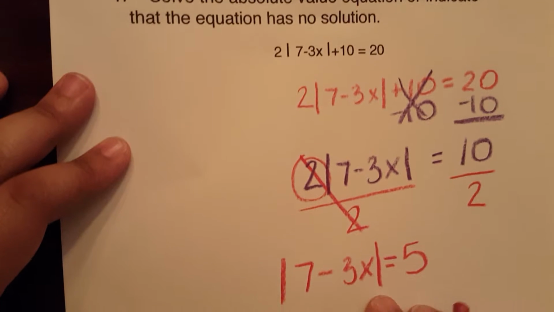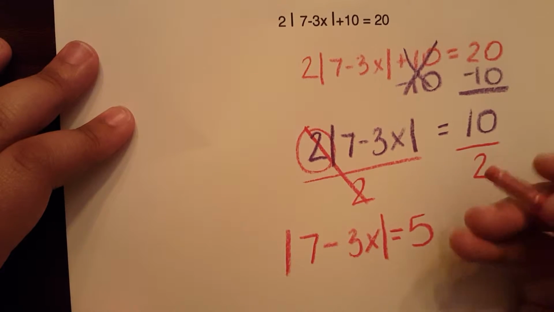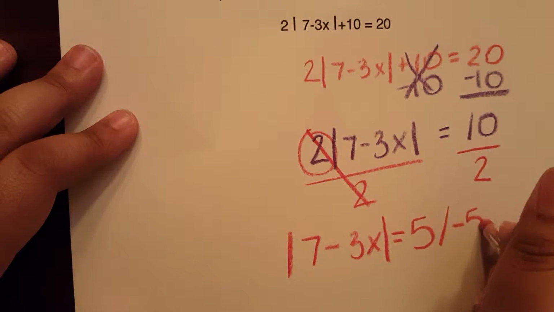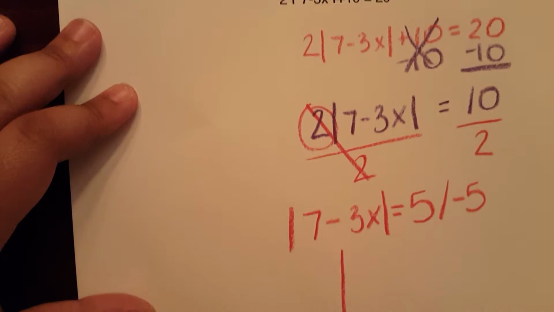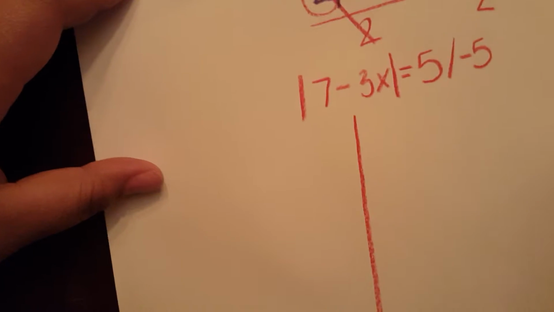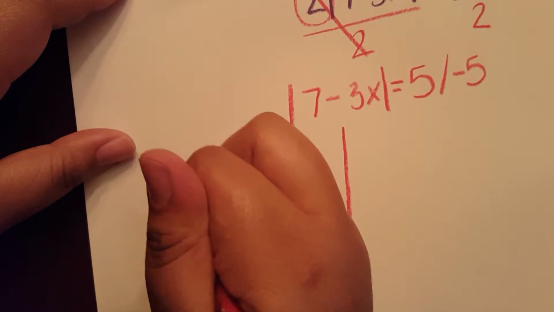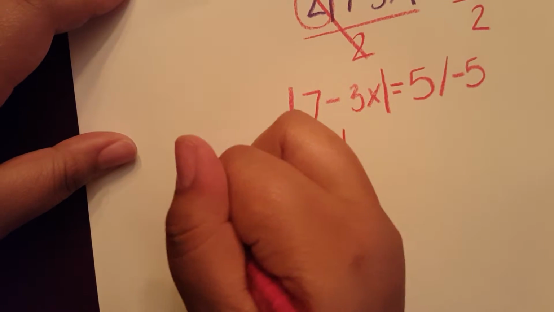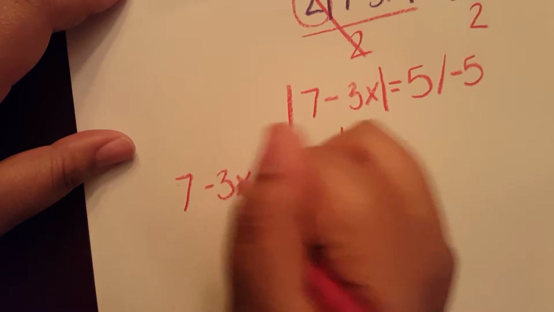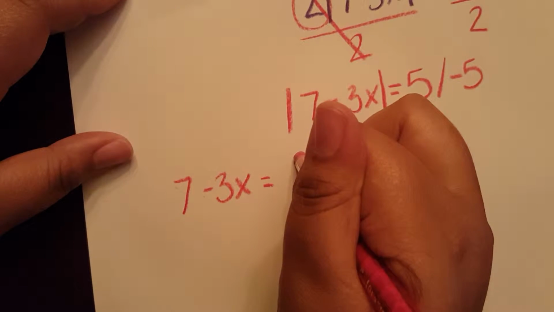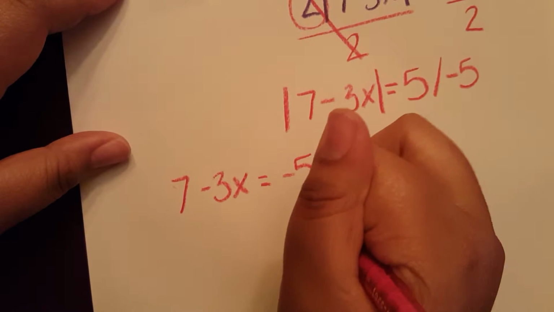So to get rid of the absolute value, you have to take 5 and negative 5. So you can get 2 answers. So we need to get rid of the absolute value. So you just put 7 minus 3x equals negative 5.